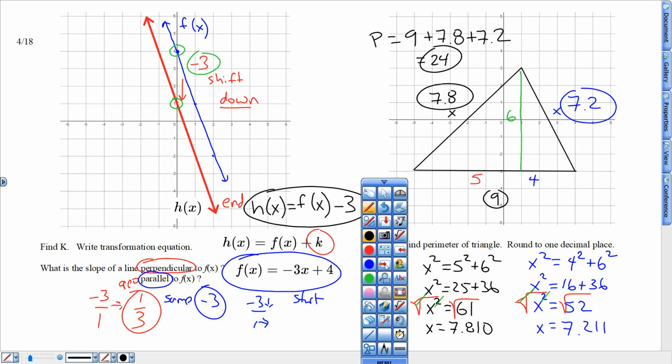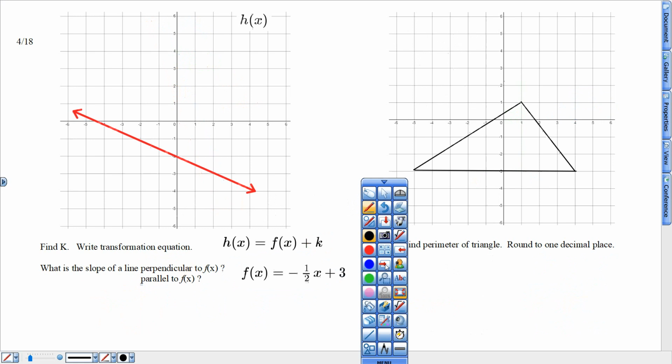All right, I believe I have one more. Here I go. Got time. This one, again, this is where it's ending. Starting -1/2. Draw your line through those.